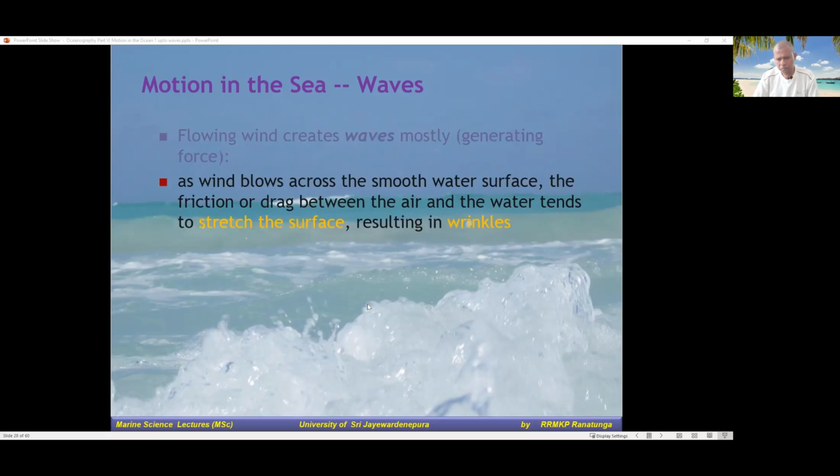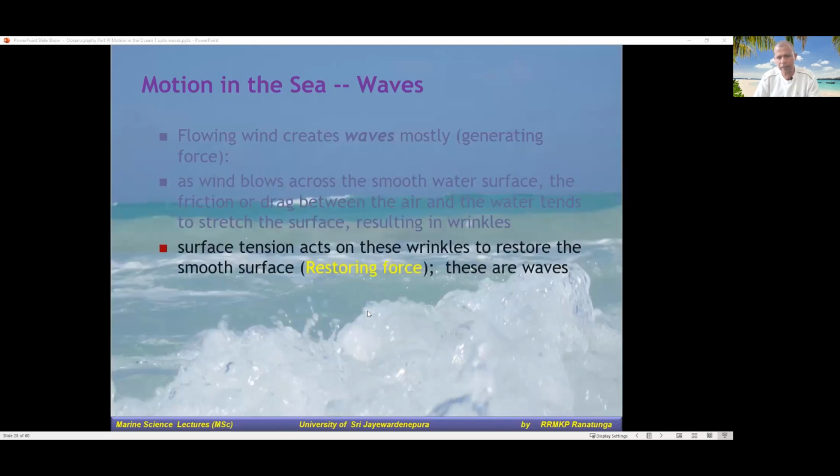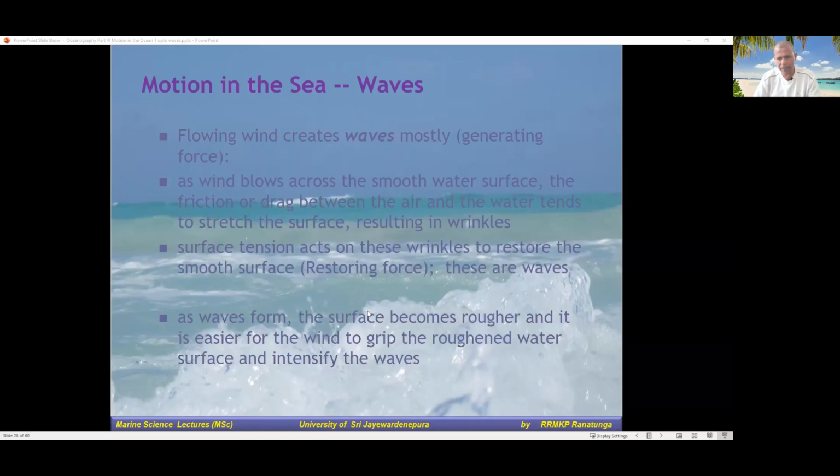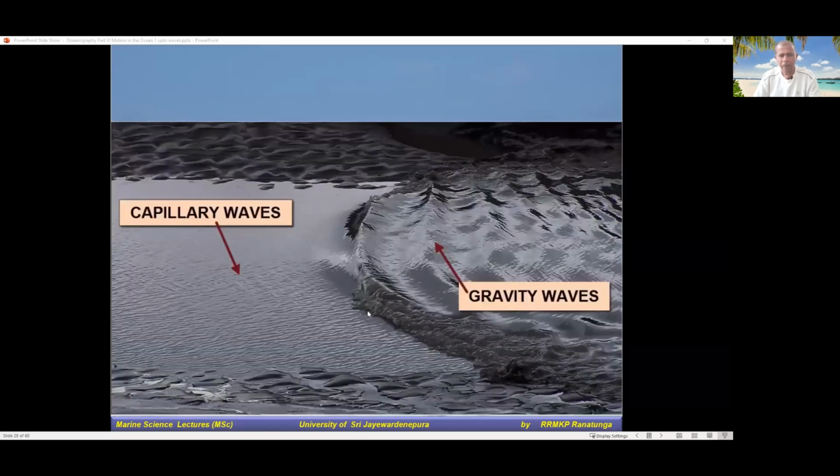Now, how are they actually formed? You can explain this with a little bit of physics.